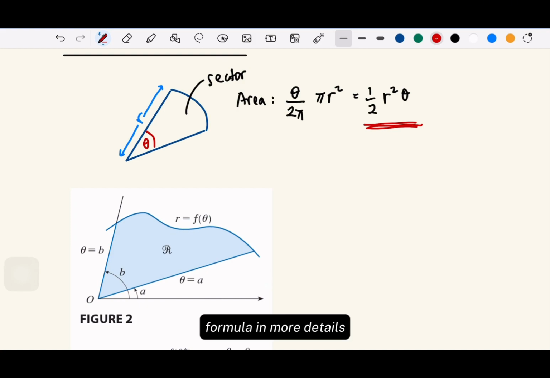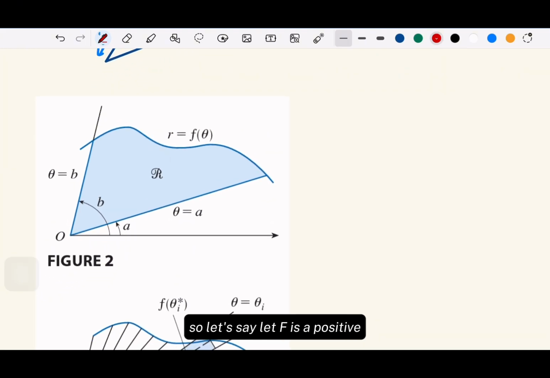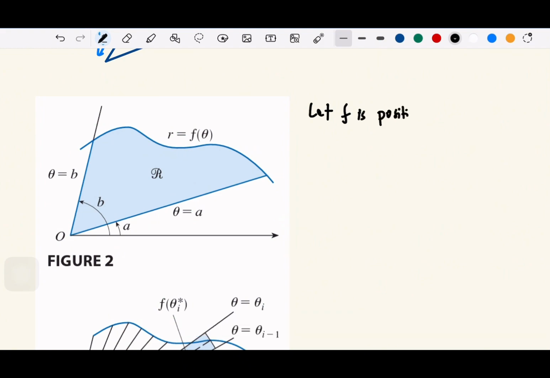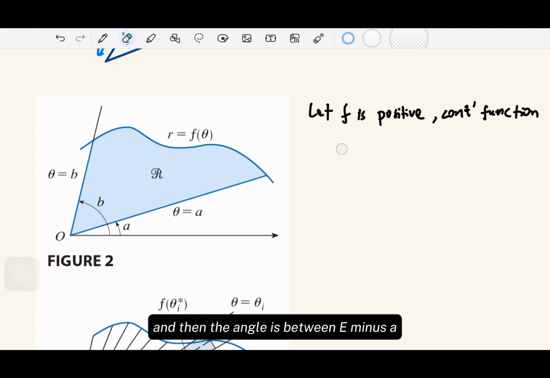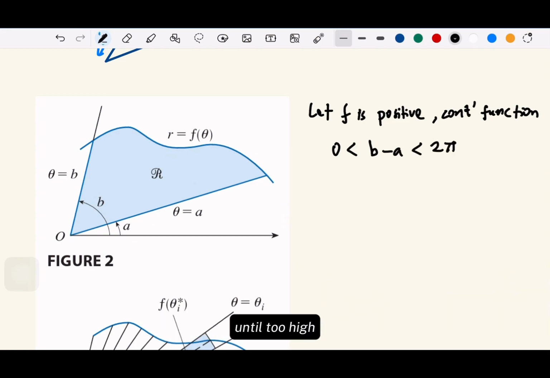Now let me get into how to get the formula in more detail. Let's say f is a positive and continuous function, and the angle is between b minus a, up to 2 pi.